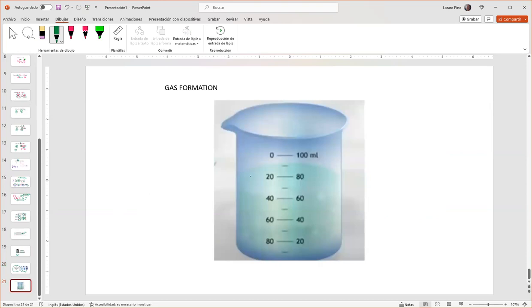Also, you have the gas formation. Then you can observe a gas that is released, and it is another type of chemical reaction. Well, here you have the most important parts in this chapter.